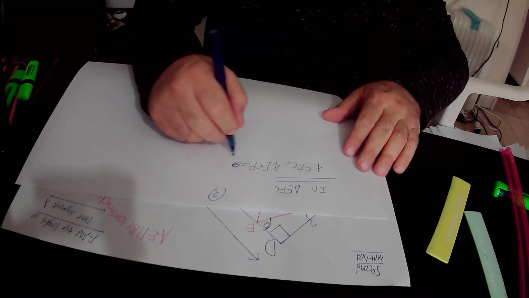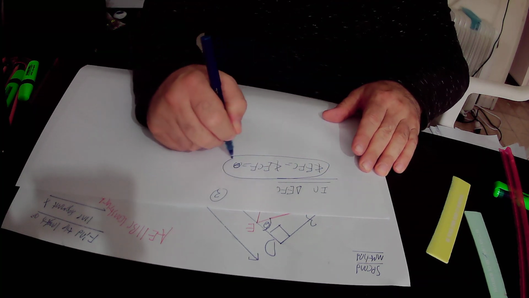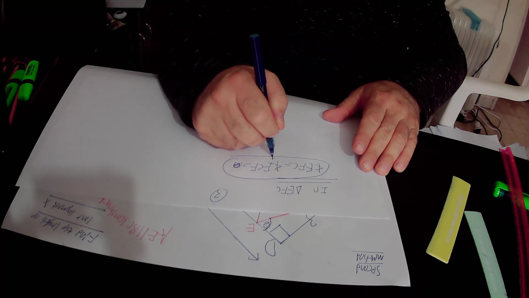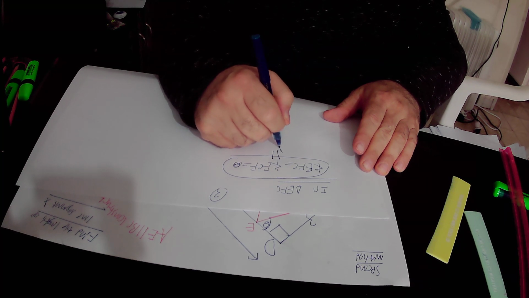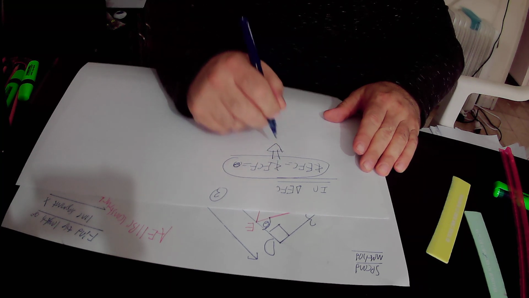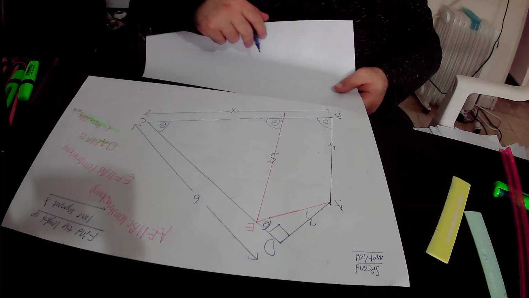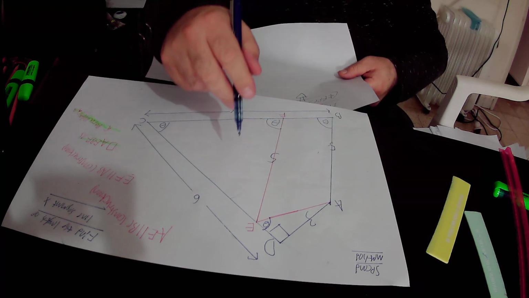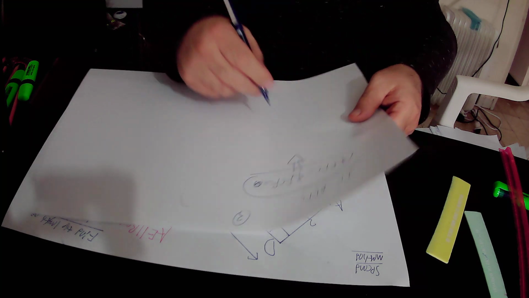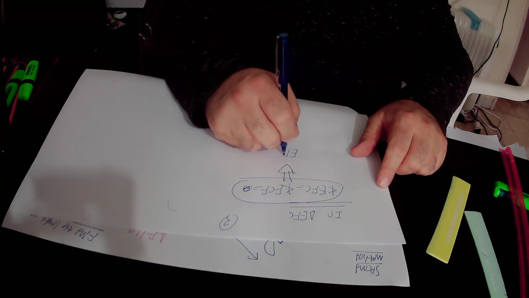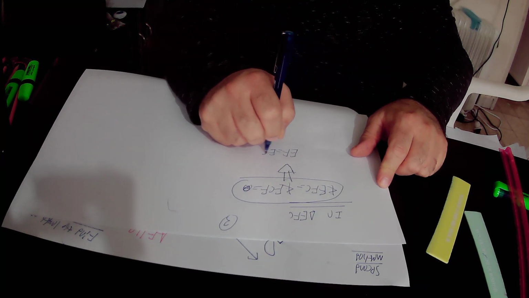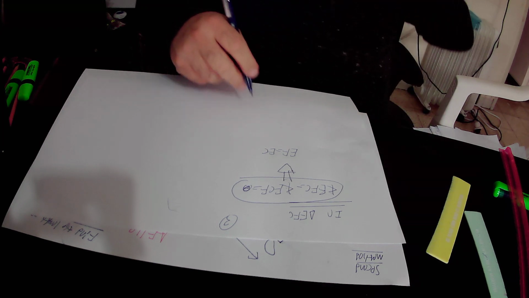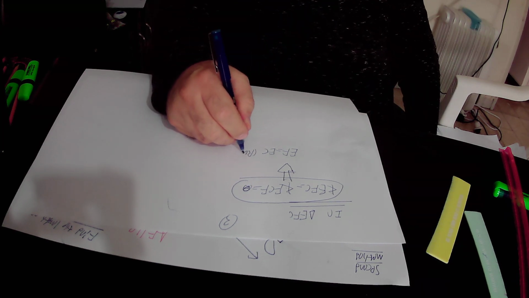Therefore, according to rule number 1 that states that in front of equal angles in the triangle there are equal sides, we will get that side EF equals side EC. EF equals EC according to rule number 1, of course.